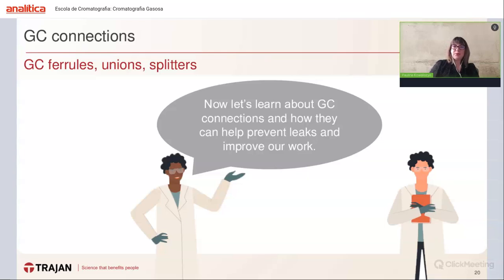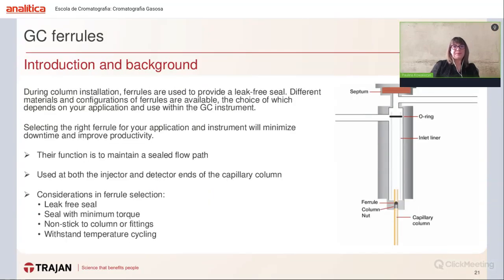And for that, we would require ferrules. Also, we may want to connect either guard columns or different columns together, or split our signal within the GC. So we would need different types of connectors such as unions and splitters.